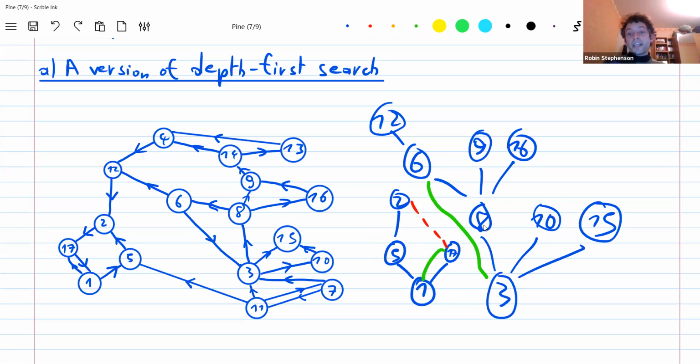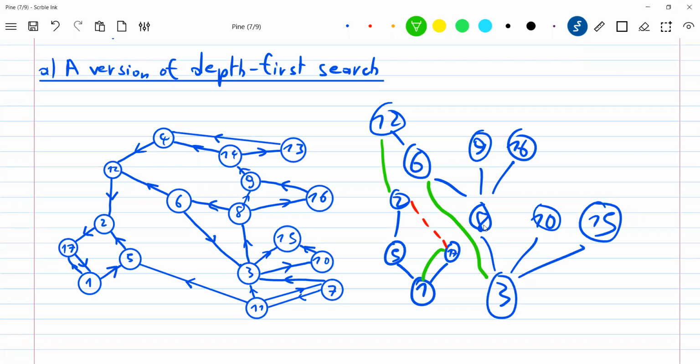Another way of saying it is that 17 had already been revealed when we were at 2, but it hadn't been explored yet, and that's why we put red. On the other hand, 1 was already revealed and explored when we were looking at 17, so we put that green. Similarly, here we're at 12. 2 has already been explored, so we put this as green.